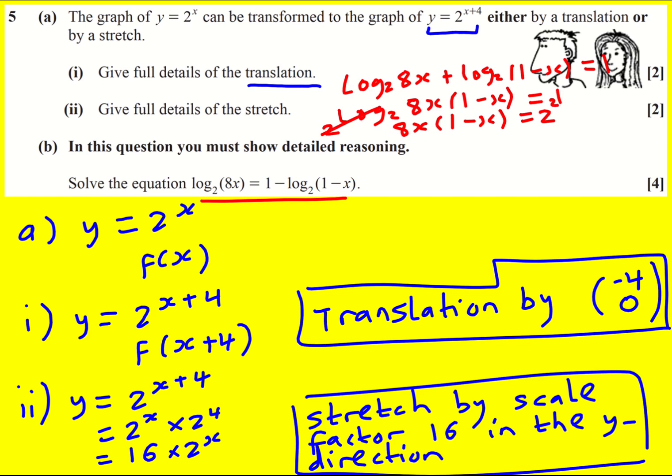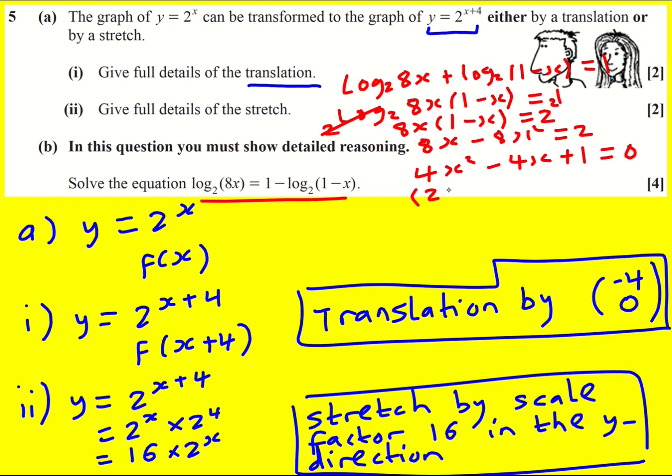So we've turned it into a quadratic, in fact. We've got 8x minus 8x squared is equal to 2. I'm going to rearrange and divide by 2 at the same time. So I'm going to get 4x squared minus 4x plus 1 equals 0.